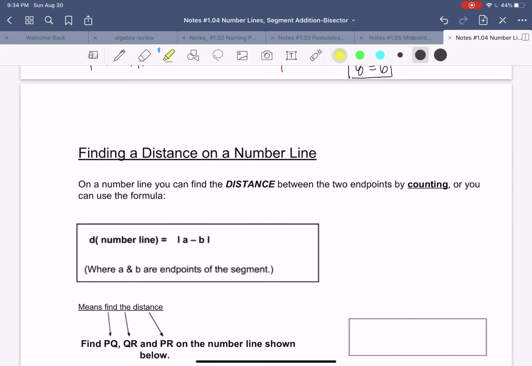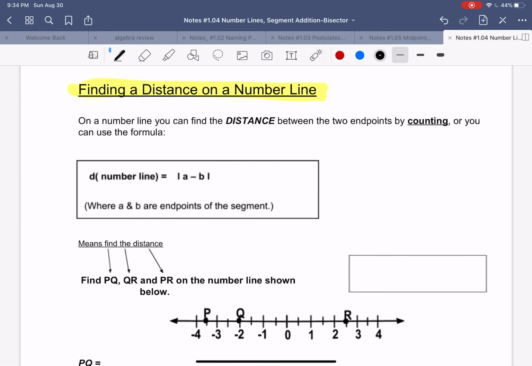All right. Finding distance on a number line. Okay, on a number line, you can find distance between 2 endpoints by counting, or you can use a formula. Okay, so you can use a formula. Okay, the absolute value of A minus B. Now, these little things right here mean the absolute value.